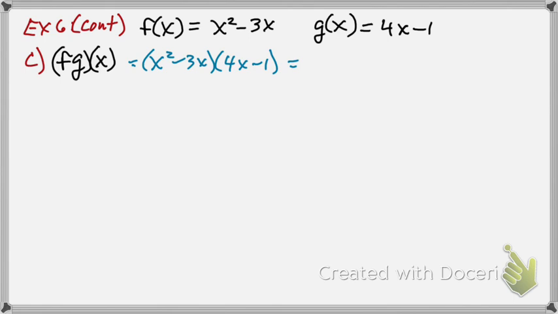I get 4x cubed minus x squared minus 12x squared plus 3x. x cubed minus 13x squared plus 3x.